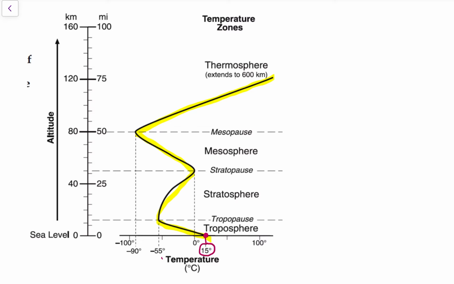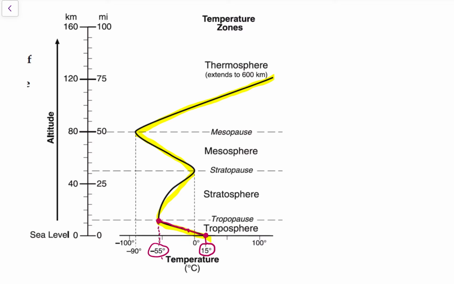As I keep moving up in the atmosphere, this line tells me what the temperature is at different points in the troposphere. So if I go to the top of the troposphere, also known as the tropopause, I can follow this dotted line down and see that at the tropopause, the temperature is negative 55 degrees Celsius.